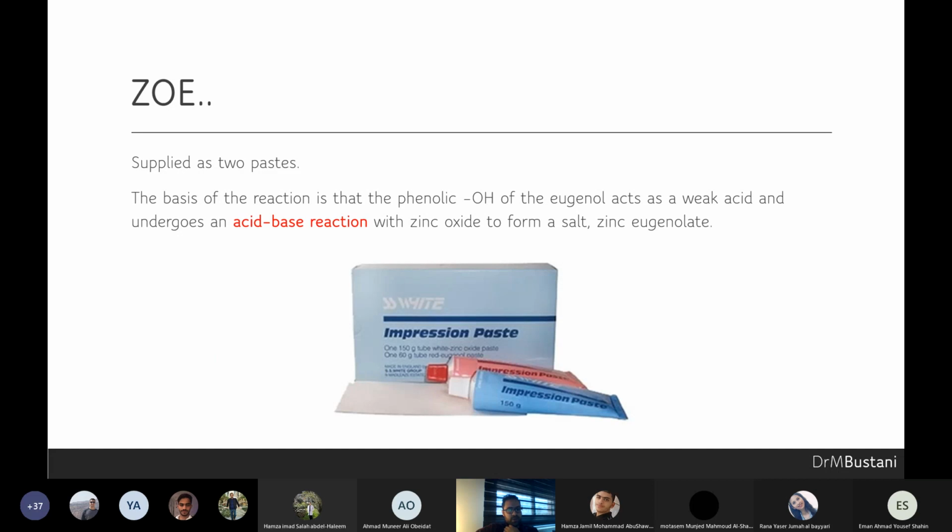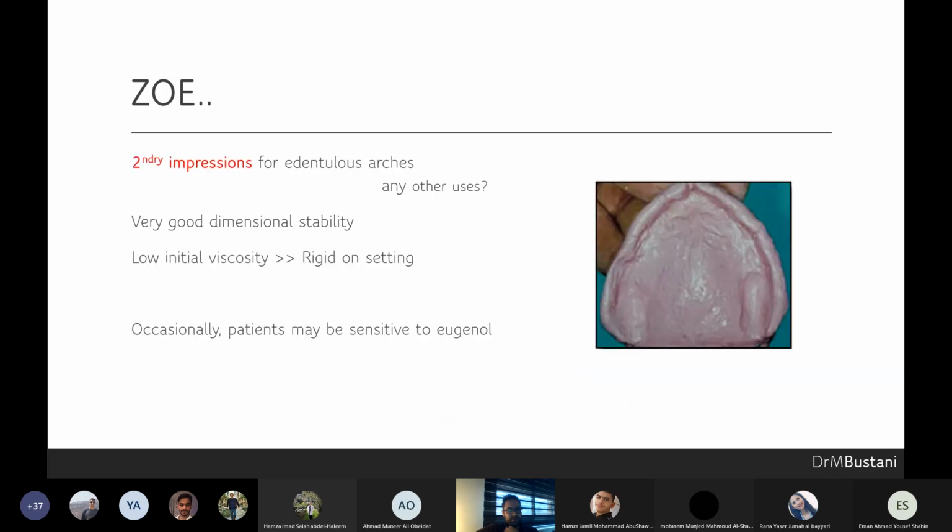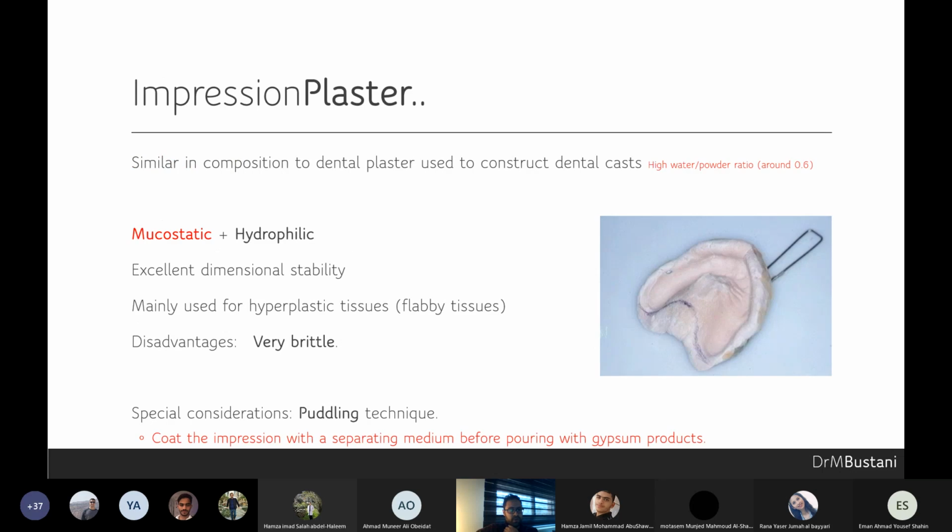Zinc oxide eugenol is the one that's used for a secondary impression for edentulous patients without undercuts. It's supplied as 2 tubes and undergoes an acid-base chemical reaction, so it's an irreversible material. It has very good dimensional stability and it's rigid on setting, so it shouldn't be used with undercuts.